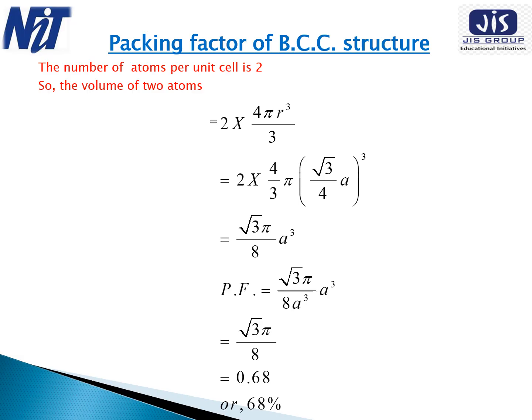Now packing fraction or packing factor will be equal to n into small v by capital V. What we know is that small v is the volume of the atom and capital V is the volume of the unit cell. So the volume of the two atoms we have calculated as root 3 pi by 8 into a cube, and the volume of the unit cell will be the cube of all three sides, because each side is taken with the dimension a.